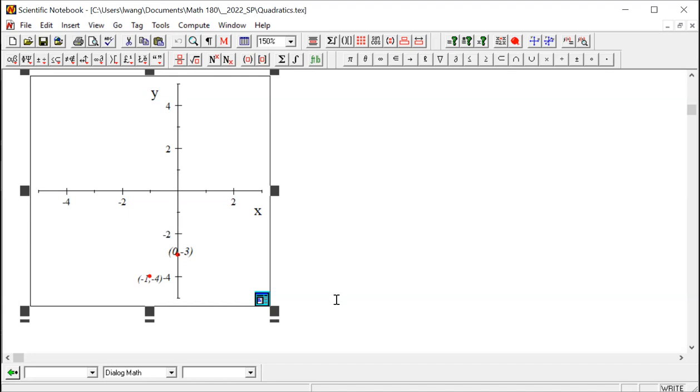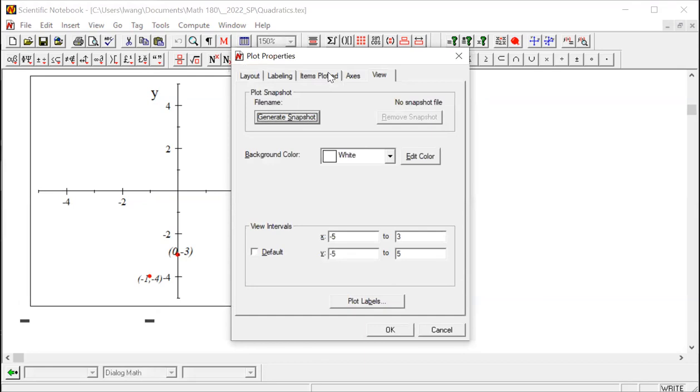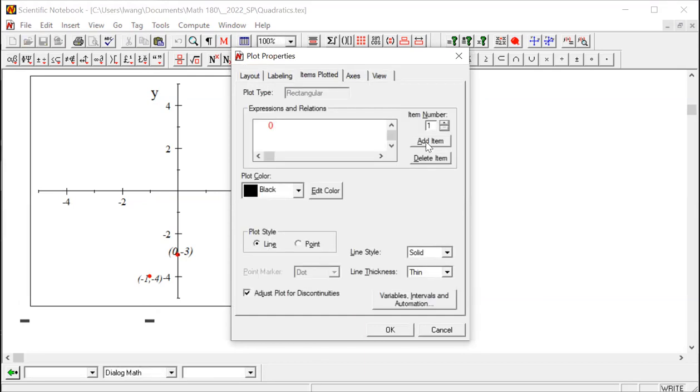The other thing we know is that because it's a parabola, it's going to have a line of symmetry, so the curve is going to be symmetrical. We can tell the line of symmetry is going to be like this. I'm going to draw that broken line in the picture with this software.